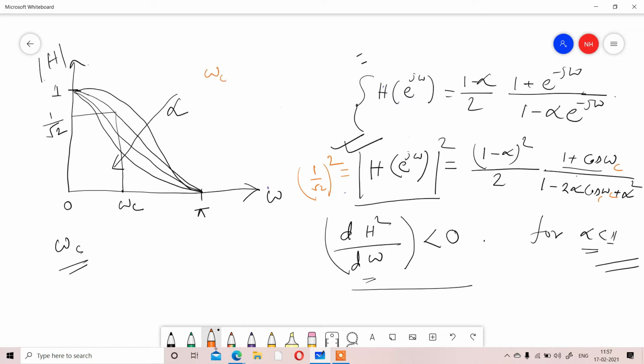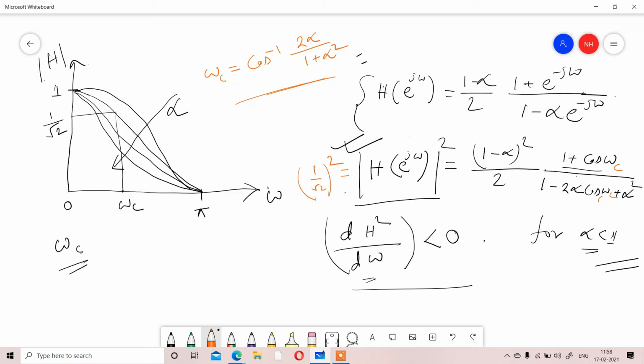omega c equal to cos inverse 2 alpha by 1 plus alpha square. Omega c will be cos inverse 2 alpha by 1 plus alpha square, or simply cos omega c will be 2 alpha by 1 plus alpha square.